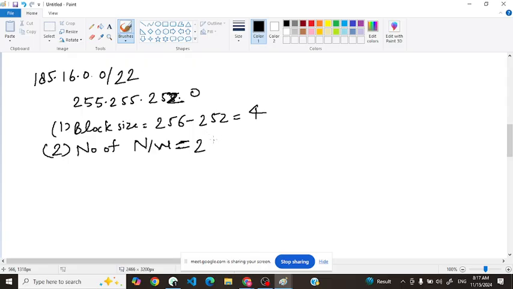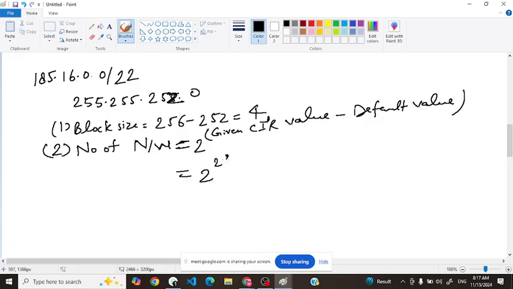It is 2 to the power of the CIDR value minus the default value: 22 minus 16, it will be 2 to the power 6.